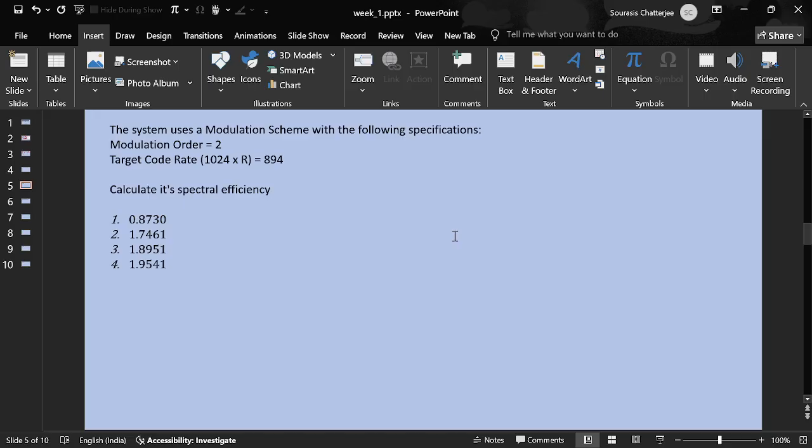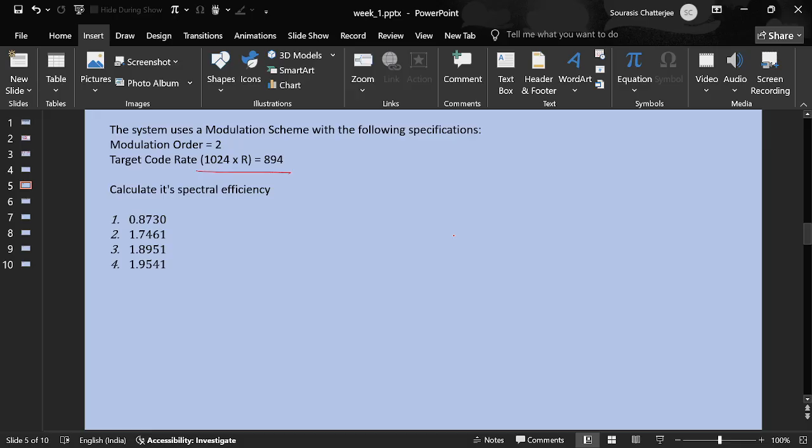If my modulation order is 2 and my target code rate is given, these are the technical terms, I mean the target code rate is written in this manner, what is my spectral efficiency going to be? But before answering that, I'd like to ask, in physical terms, what does the modulation order exactly mean?